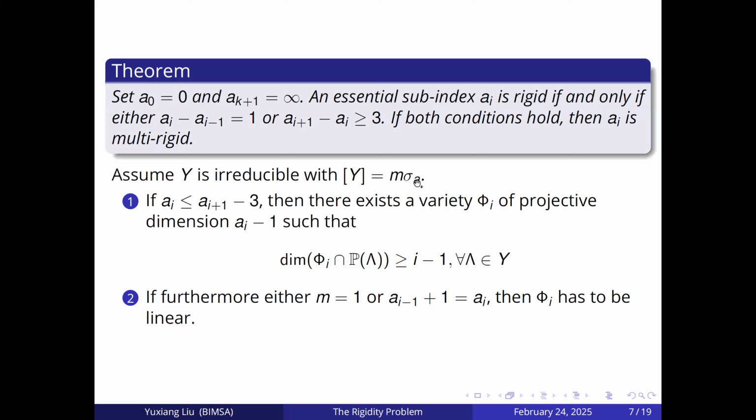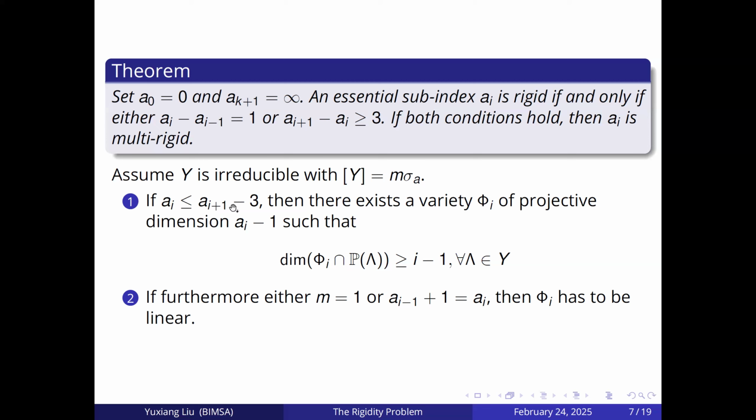If m equals 1, then we can intersect this phi with a general linear space of complementary dimension. And if the intersection consists of more than one point, one can argue that there is a contradiction on the class. And if this condition holds, a_{i-1} plus 1 equals a_i, then one can argue that we can pick a general point of phi, and consider the sublocus of k-planes passing through this point.